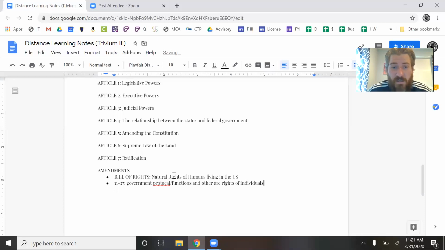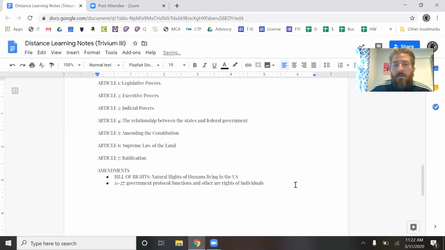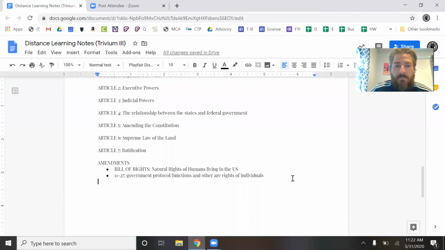For example, the Civil Rights Amendments 13, 14, 15 talk about, it's after the Civil War and we end slavery, and then we give every male the right to vote. The 19th Amendment is the right for women to vote. Okay, all of these we'll go into in depth, the Bill of Rights, and then we'll talk about the rights of individuals on top of that as well.